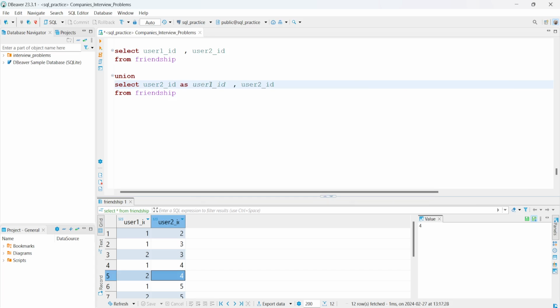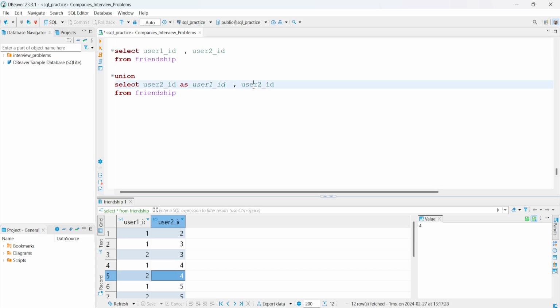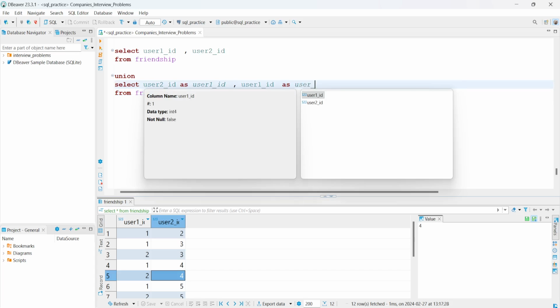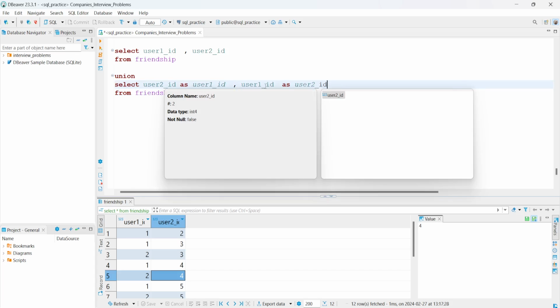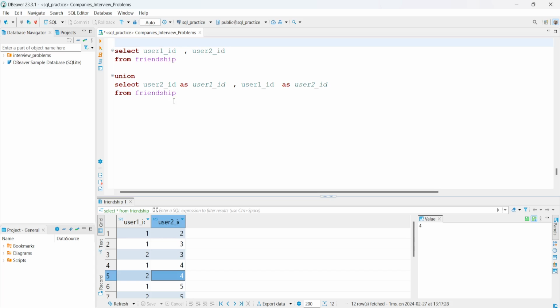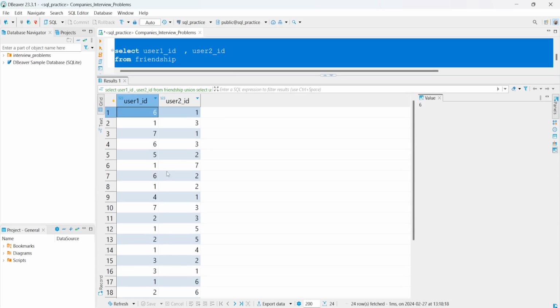If we don't write this, that will also work because it takes the column name of the first table. And here we can write user one, and here user two ID. Let me run this. Now you can see we have 24 records, 12 from one way and 12 from the other way.